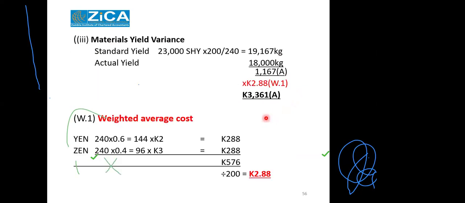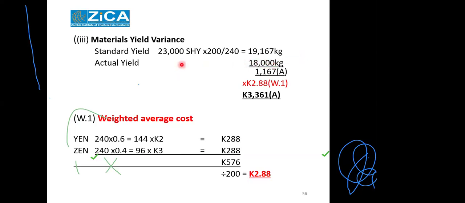Then for the yield variance, you take the actual yield. In the question, the actual output was 18,000 kgs.